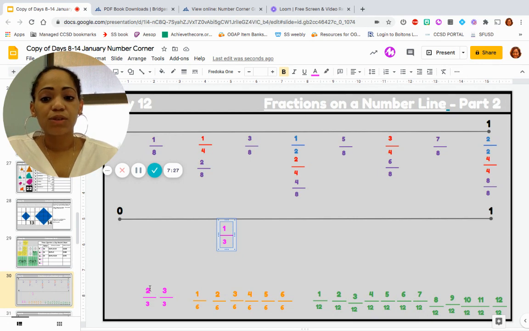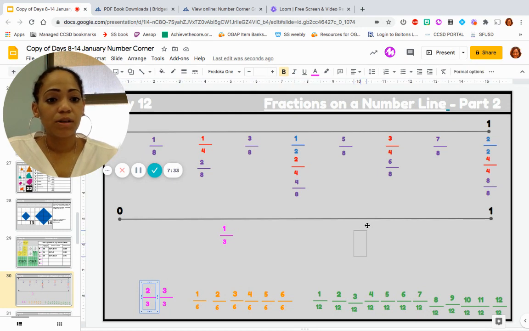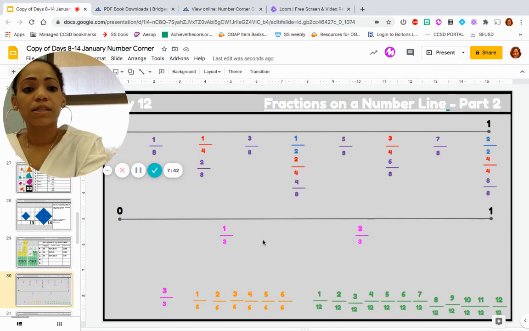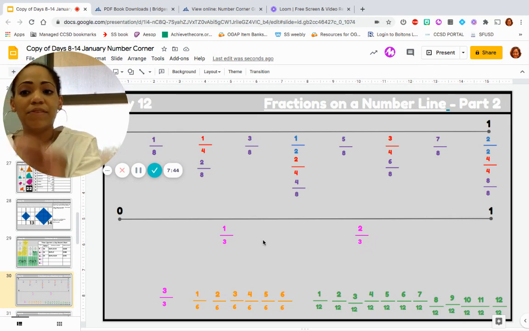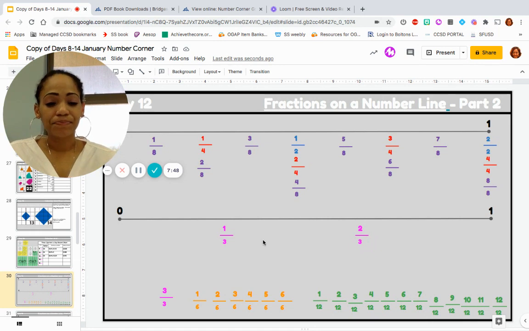Okay, so then 2/3 is bigger than a half. So I'm going to put 2/3 about right here. And it may not be perfect, but it's about the same distance apart. And I'm just taking my fingers and trying to measure it on my screen because I'm eyeballing it right now. All right, so 1/3, 2/3, where would 3/3 go?